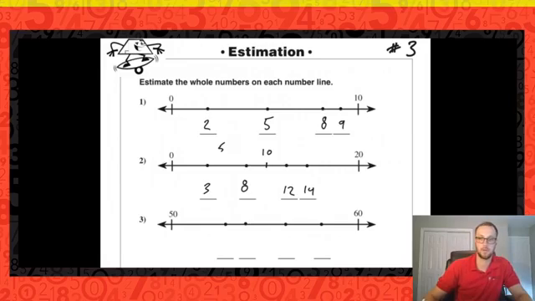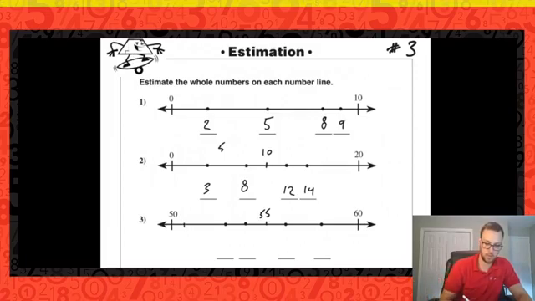All right, and for number 3, we're looking between 50 and 60. So right there in the middle would be 55. So if that point's going to be 55, not a lot of numbers between 50 and 55, right?